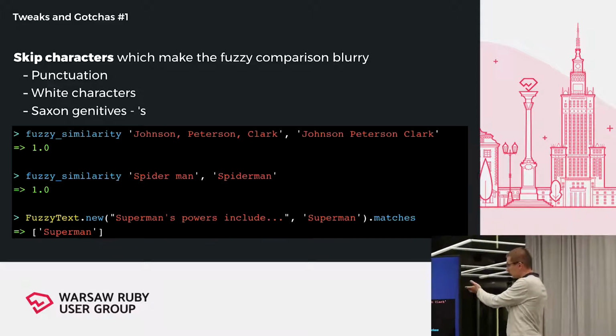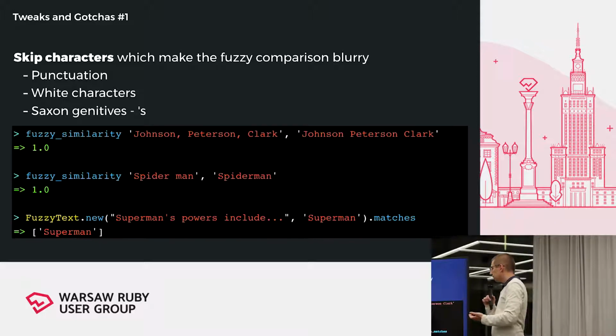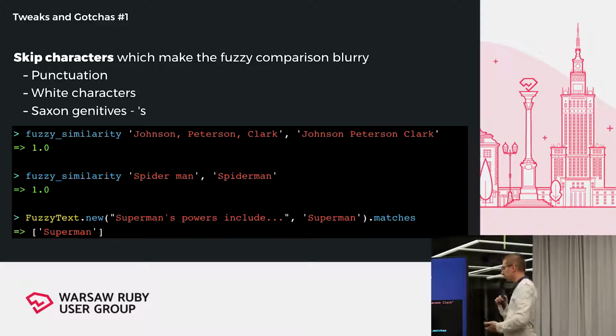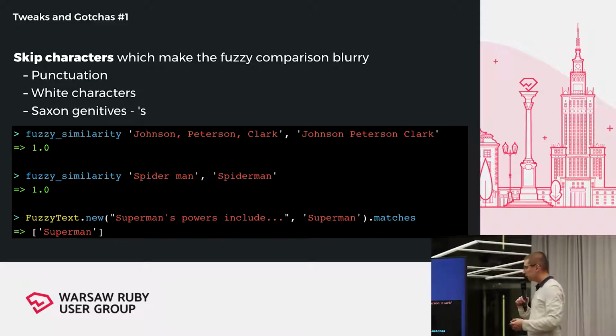In your case, Spider-Man might equal Spider Man, because when you will be looking for such phrases, you might not care about white characters. So you might want to sanitize those phrases in these terms again. The next thing is very English specific: Saxon genitives.